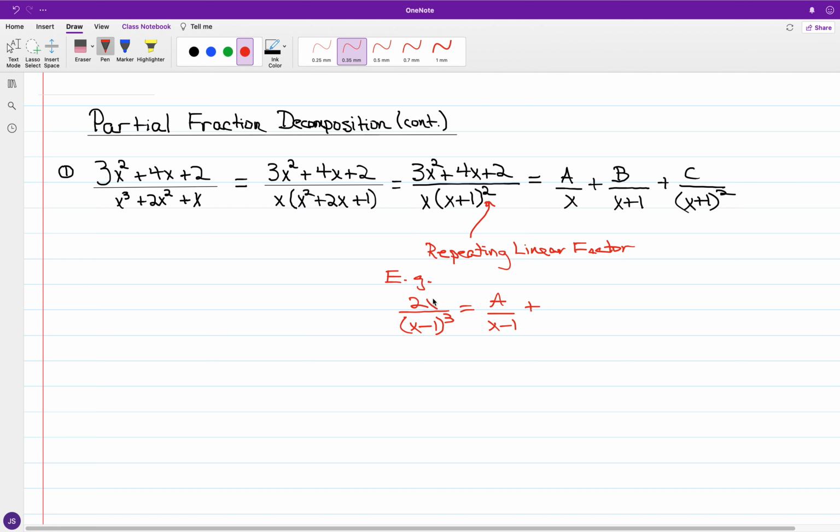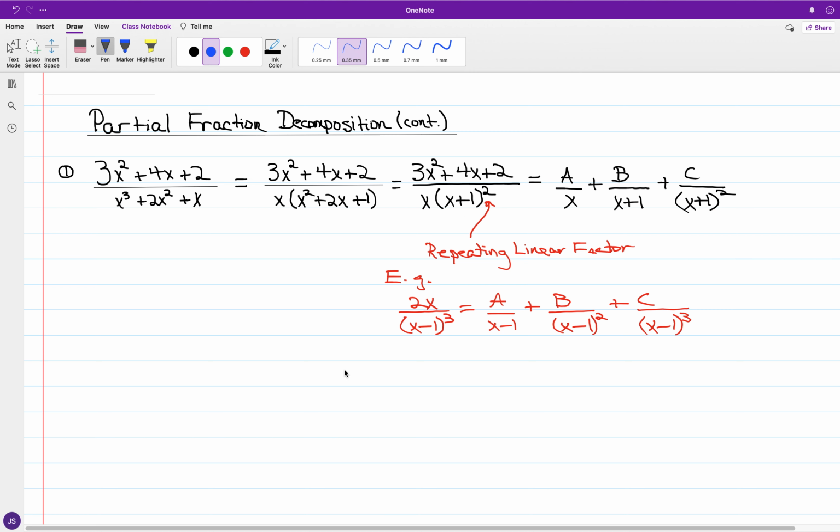Let's say you have 2x over x minus 1 cubed. I have A over x minus 1, and then I go up from the first degree to the next degree, and I continue until I get to the original degree. So I have C over x minus 1 to the third.